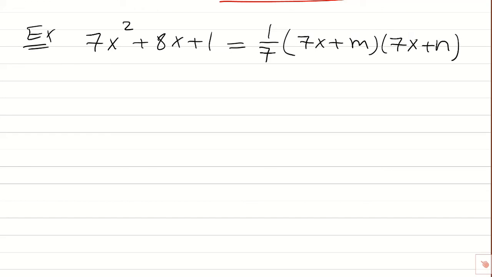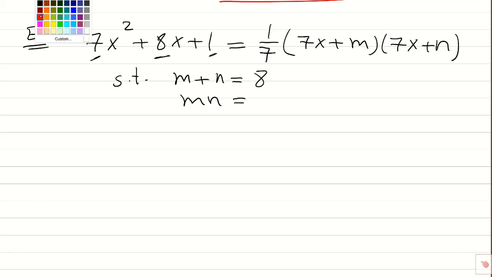Okay, and then what you need is to find m and n such that m plus n is equal to b, which is 8 in that case, and mn is equal to ac, which is 7 times 1, which is 7 in that case.